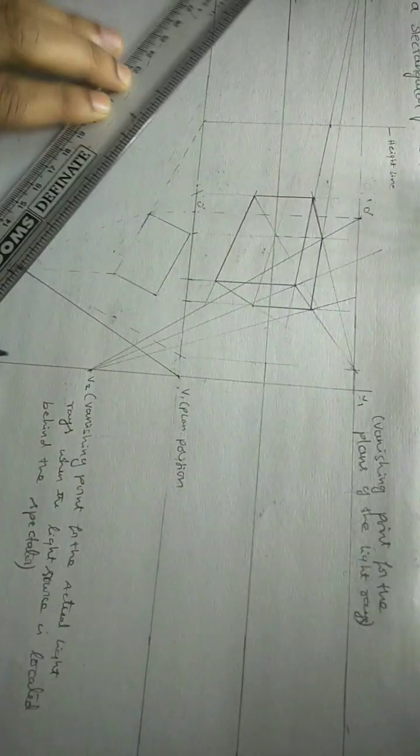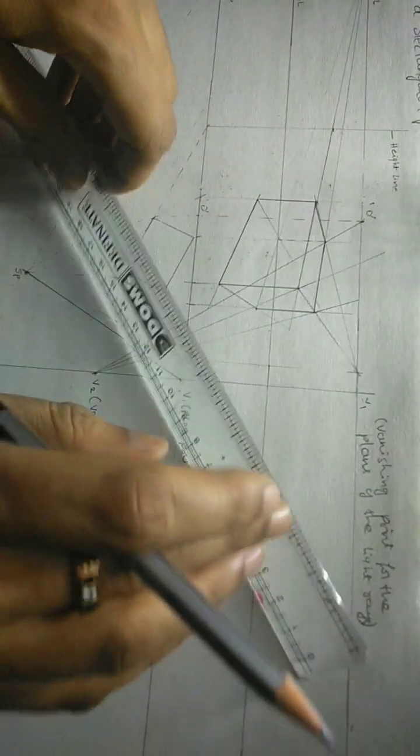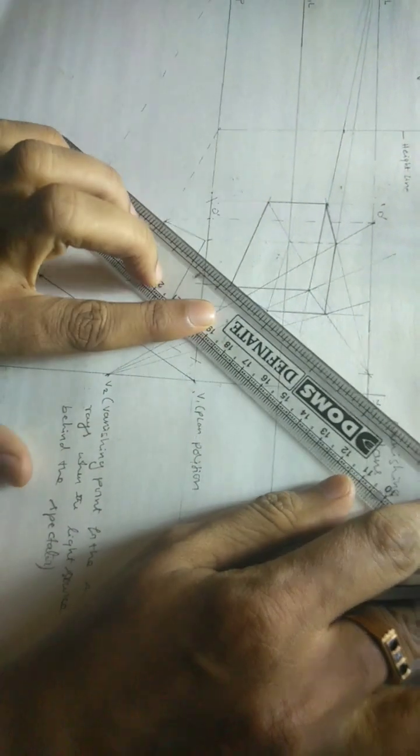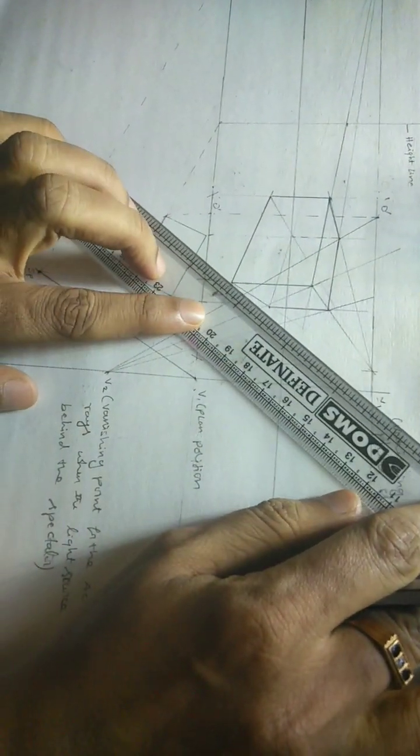Now from the plan, whatever lines are there, we'll join them to V1.